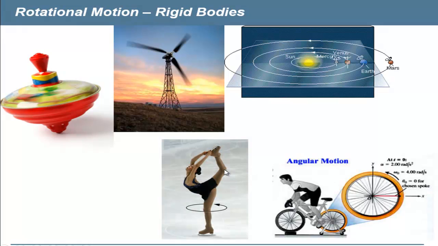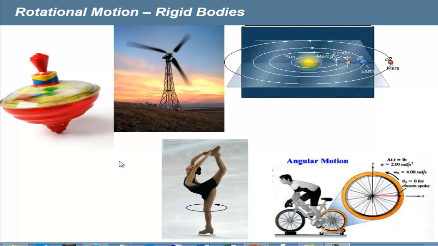We also have rotational motion in things like figure skating, right? This figure skater is rotating in a circle, so she has some fixed axis. This is actually where her center of mass is, and this is her axis of rotation straight through her. So she's spinning around in a uniform circle about this line.